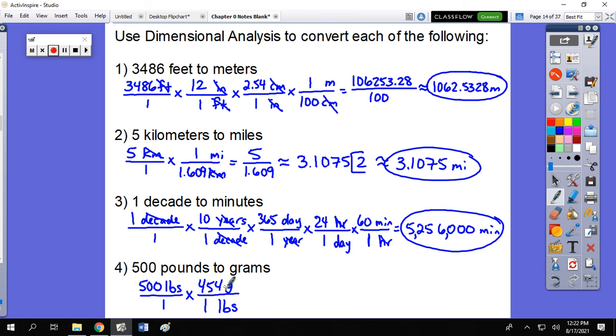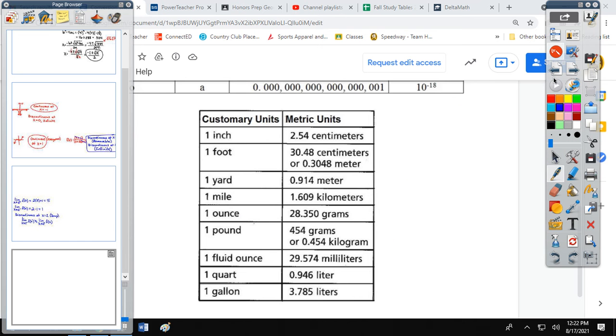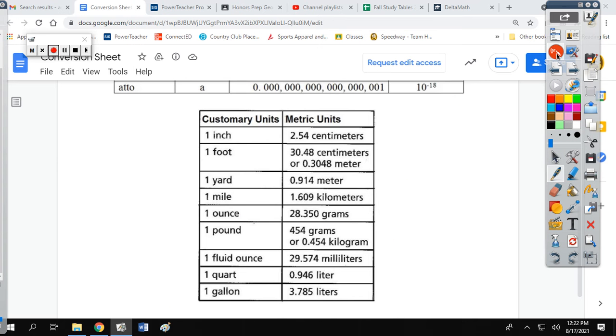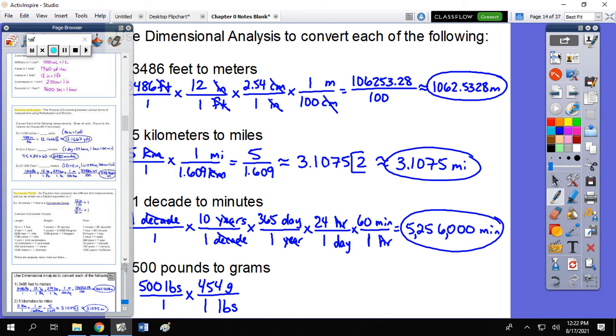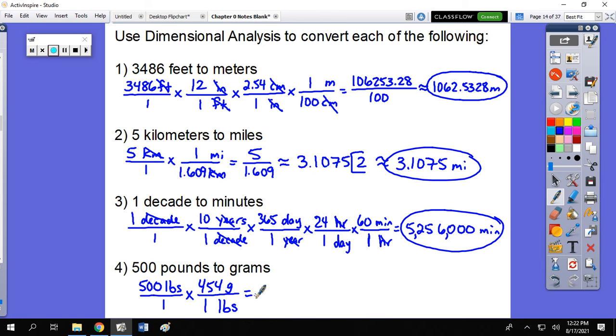Let's just double check that. 454. Yep, okay. So that means that we would multiply straight across, 500 times 454, and we'd find that 500 pounds is 227,000 grams.